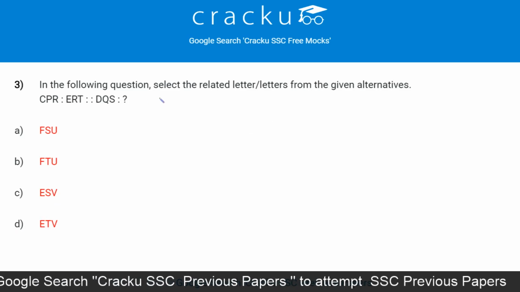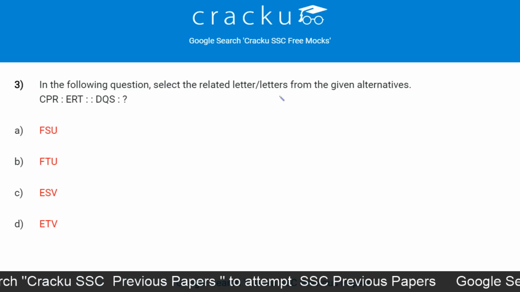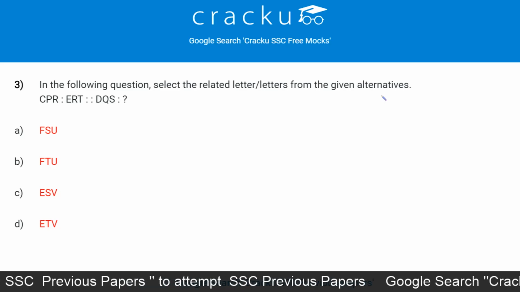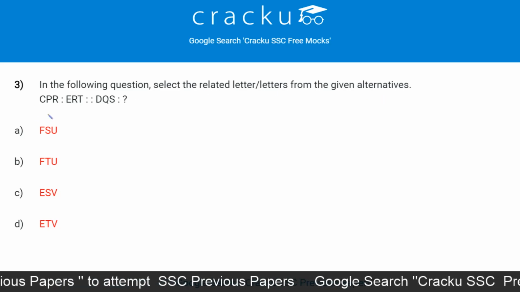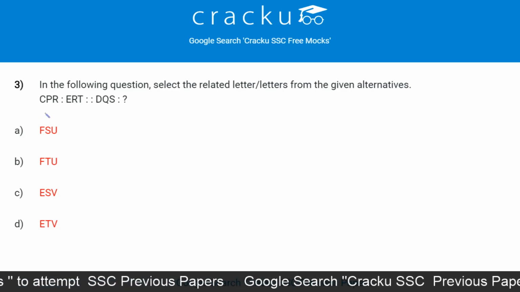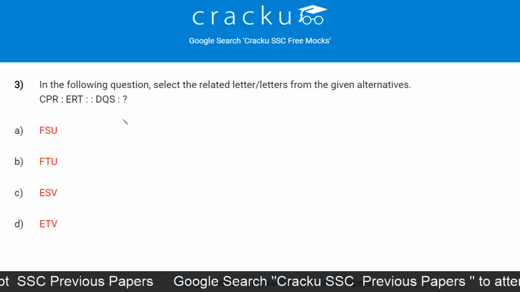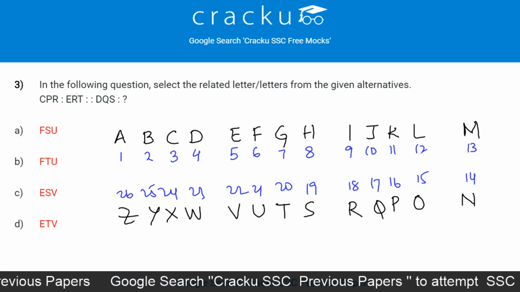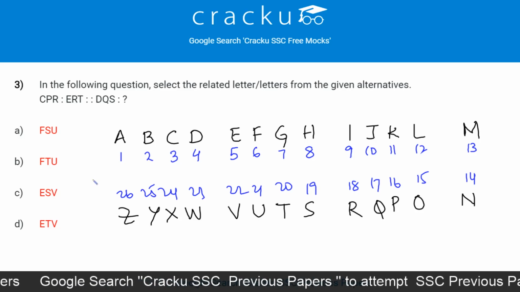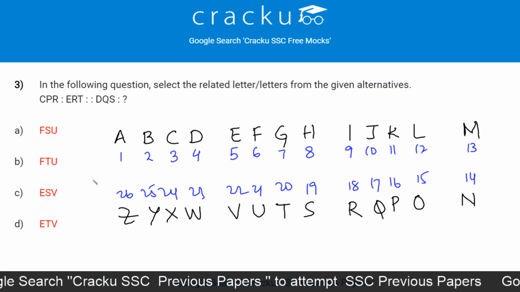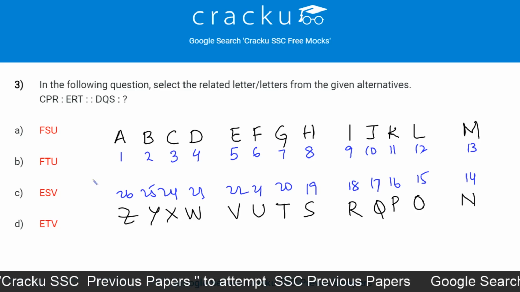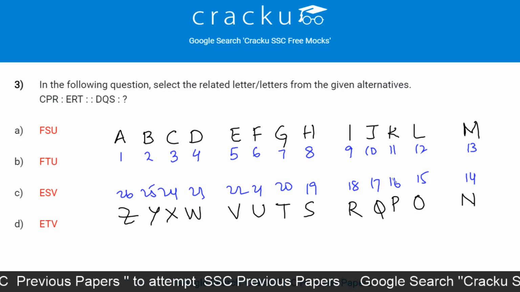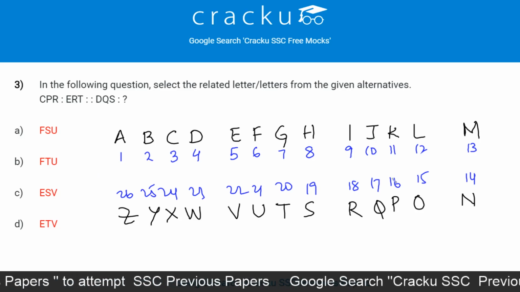In the following question, select the related letter or letters from the given alternatives. Whenever you solve these kind of questions, remember one thing, write this table. This is one of the standard tables. If you write all the alphabets in this order, you will be able to answer these questions easily.